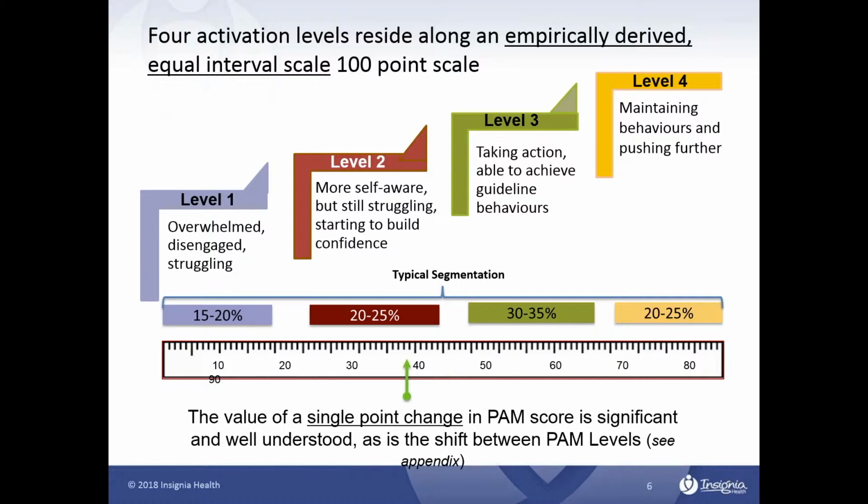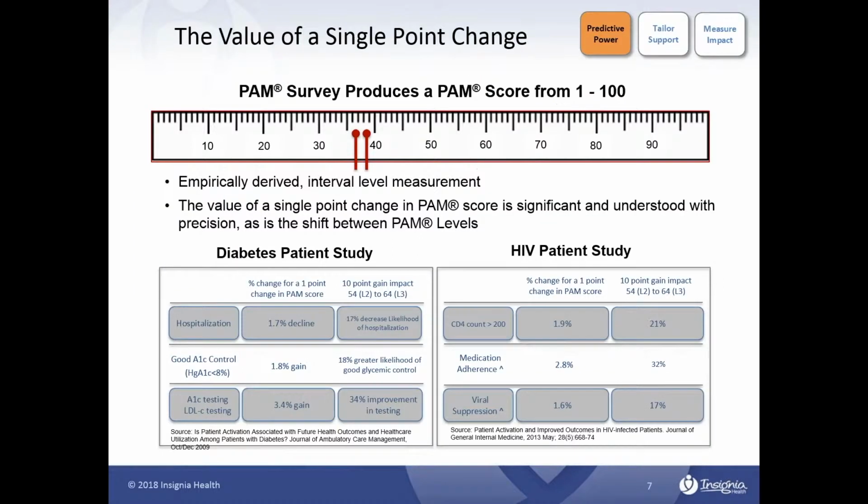And it's probably those in your practice that you may be struggling with in terms of getting some movement, and they keep coming back and not much has changed. And you keep trying and in a sense pushing, but getting some resistance. And we're going to see what that looks like. We've got some videos towards the end of this presentation for you to have a look at that. Next slide, please. I mentioned the value of a single point change.